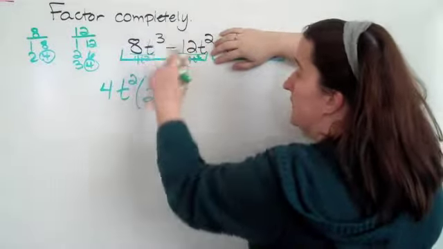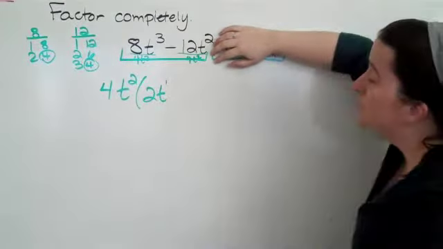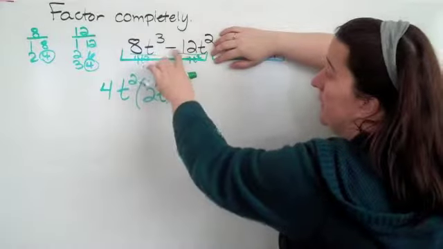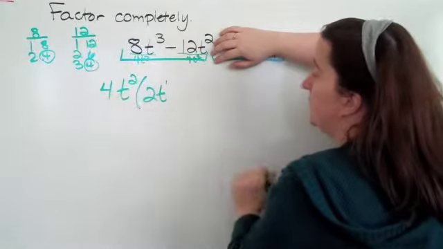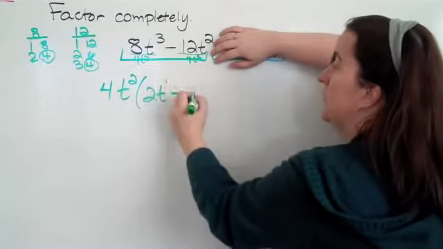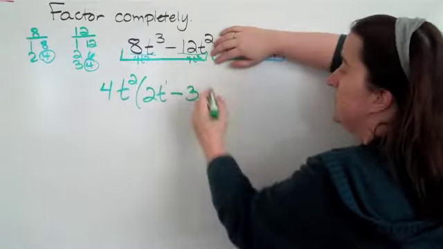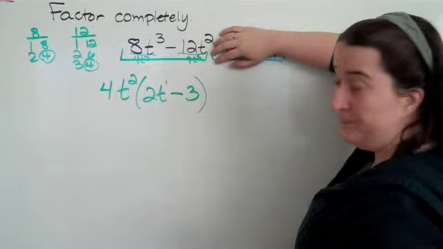So there's 1 t left. I can put the 1 up there if I need to remind myself that there's 1 t. And then a negative divided by a positive, because it's a positive 4t, is negative, so minus. 12 divided by 4 is 3. I have 2 t's on top, 2 t's on bottom. They'll cancel out, and that's that for that.